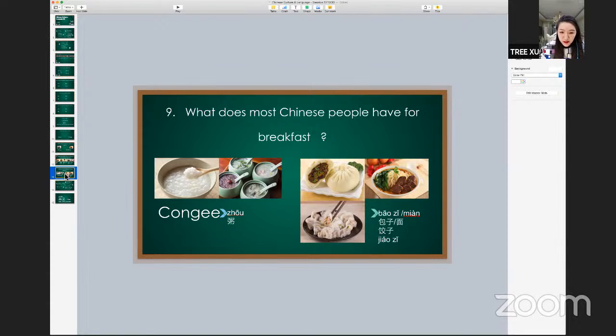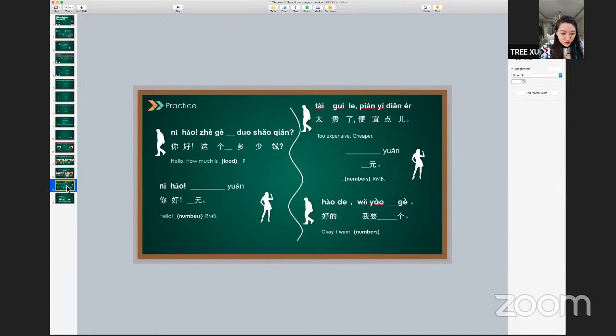Okay, let's do the next one. The practice one. This one is a little bit hard, but I think you guys can do it. So first, let's read the first sentence. You know the first one, right? Just unmute yourself. You can directly read. 你好. And 这个 means this.